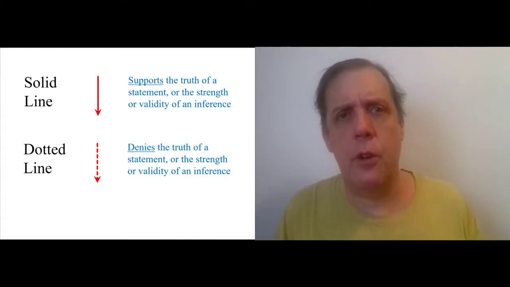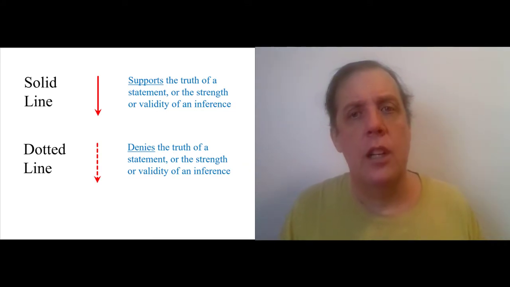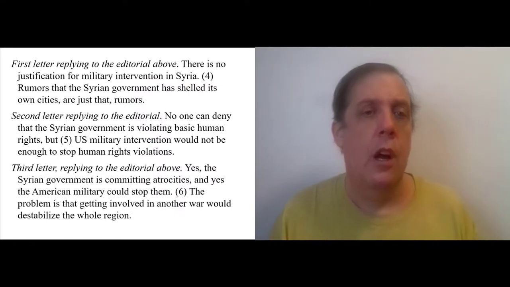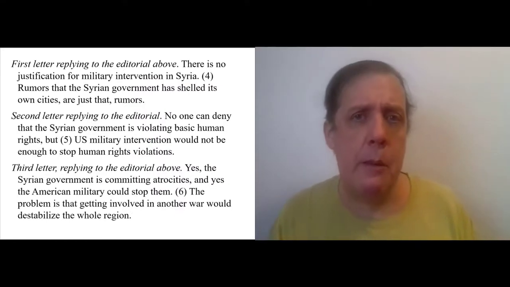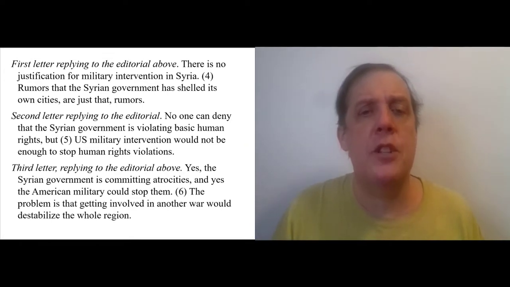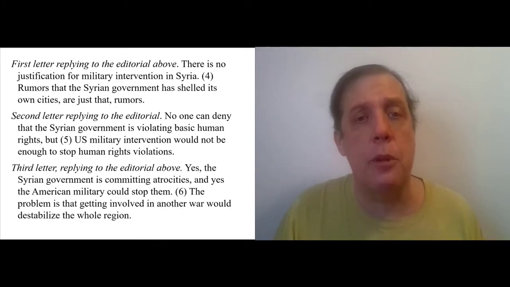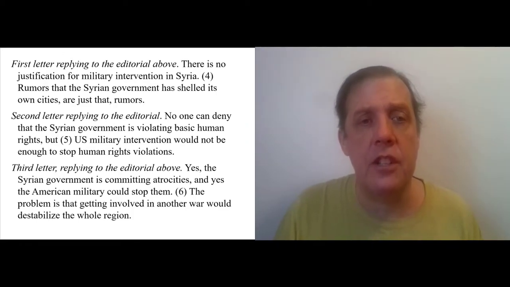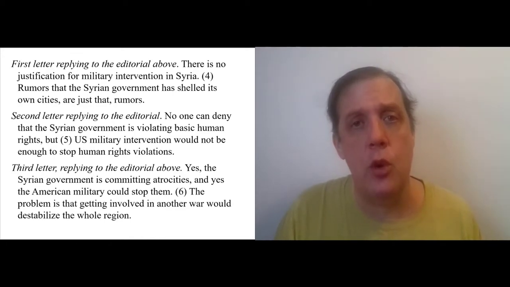To give you an example of how objections work, let's consider 3 possible objections. Say we had a newspaper editorial advocating military intervention in Syria. We can imagine 3 letters to the editor replying to it. The first letter says this: there's no justification for military intervention in Syria because the rumors that the Syrian government has shelled its own cities are just that, rumors.